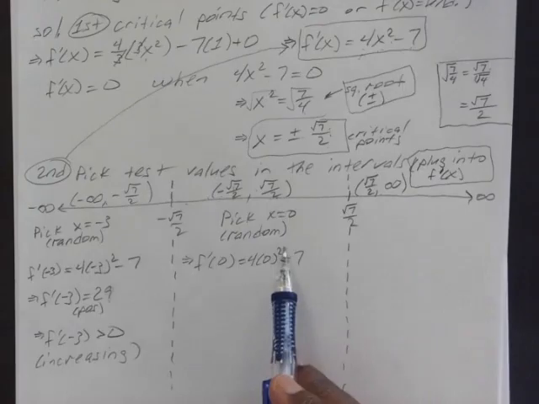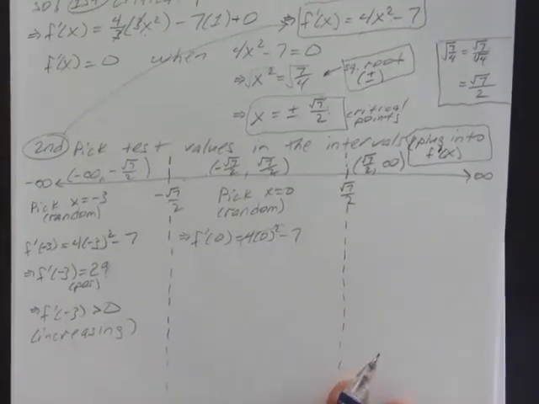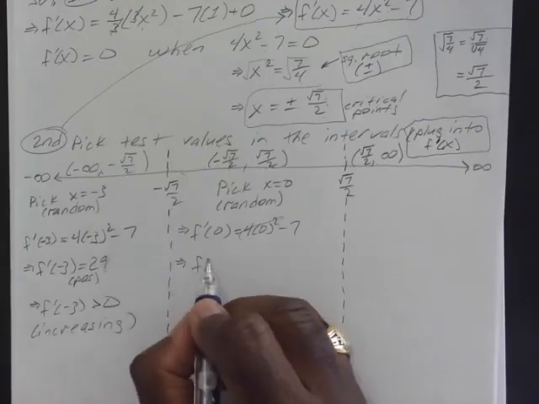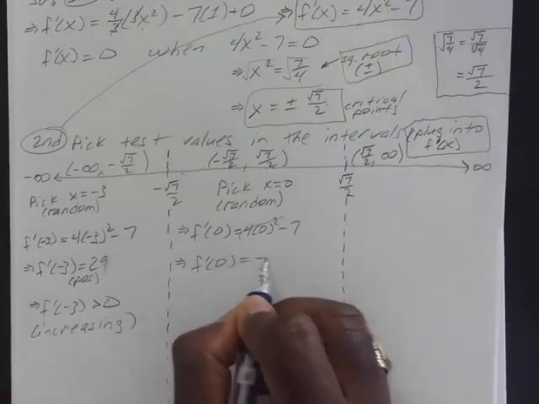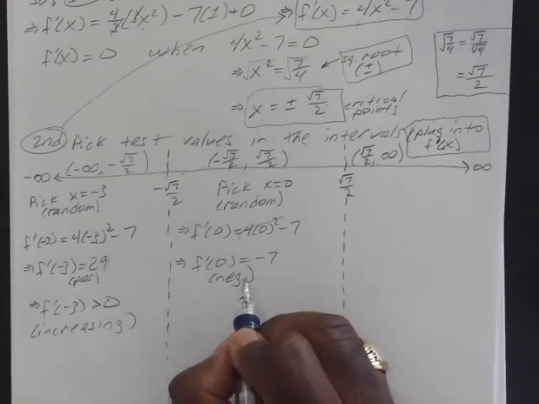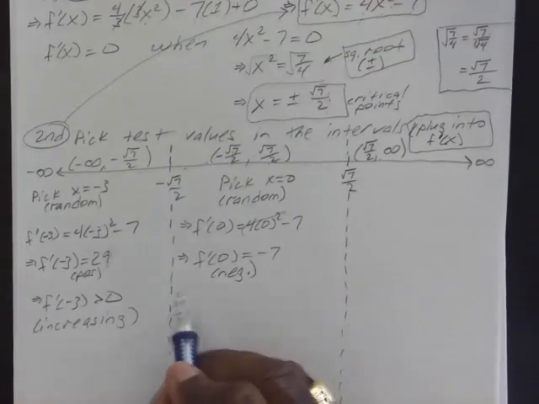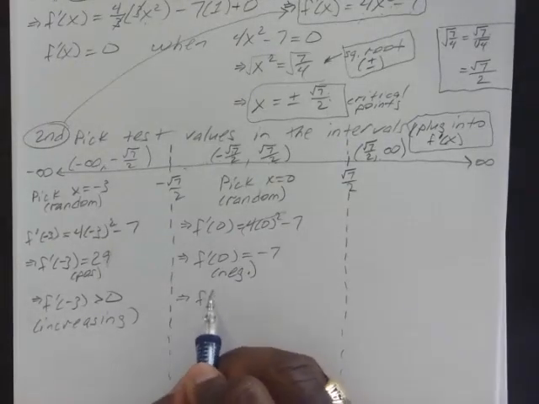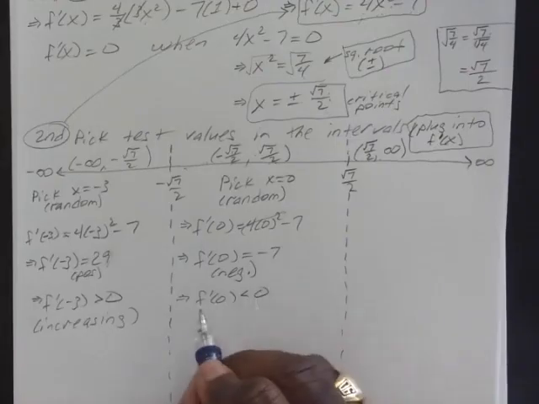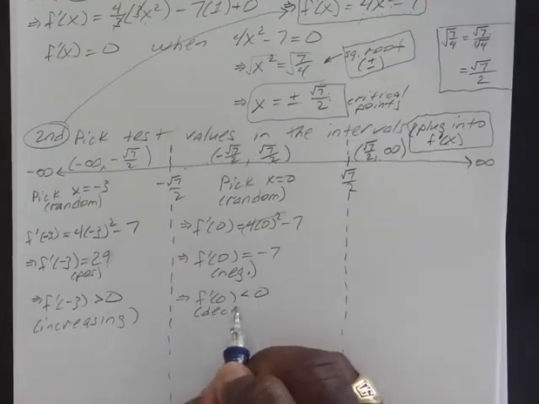Well, that 4 times 0 squared is just 0, so we can just get rid of that right there. Which means that f prime of 0 is equal to -7. But more importantly, we know that it's negative. Which means since f prime at 0 is less than 0, we know it's decreasing.